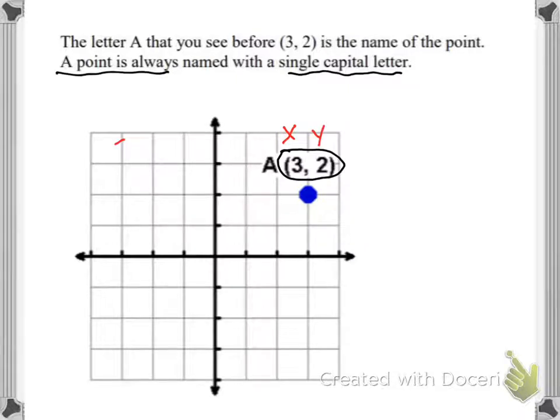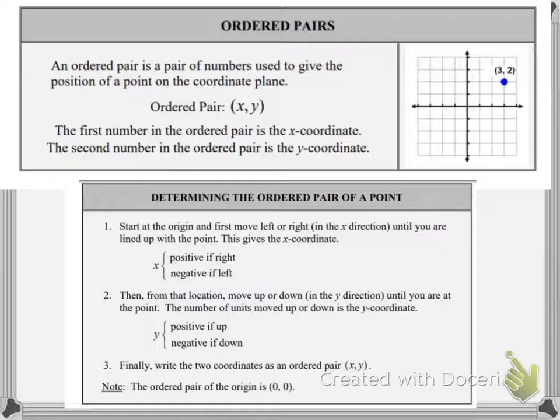In this case, our x value is 3 because we started from the origin and we moved 1, 2, 3 points to the right. Then we moved 2 points up. And so our x-coordinate is 3, and our y-coordinate is 2. Therefore, the ordered pair is (3, 2).